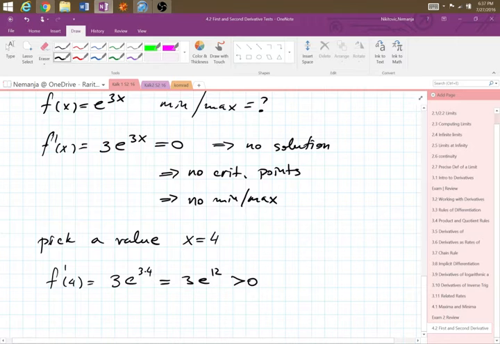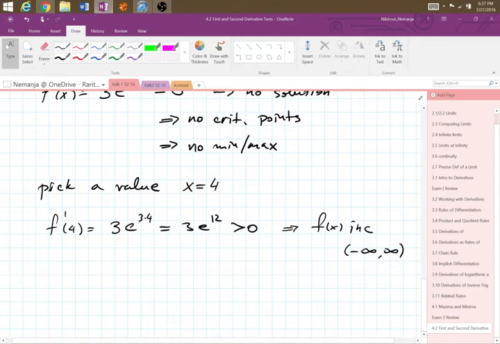And that implies that f of x is increasing on the entire domain from negative infinity to positive infinity. So it's always increasing. And we know that, right, again, because this is one of the basic things to graph. It looks like that forever. So it is increasing from negative infinity to positive infinity.